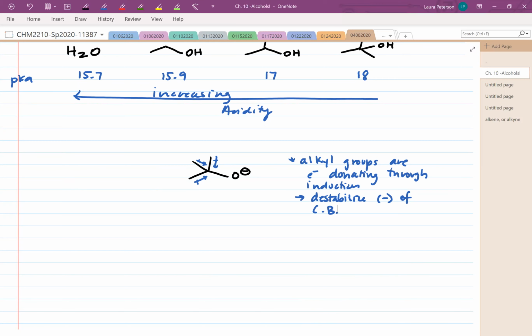We could also use these alkoxides as bases in other contexts, whether it's E2 or some other reaction that requires an alkoxide base. And so the first reaction we're going to learn of alcohols is actually somewhat of an acid-base reaction.